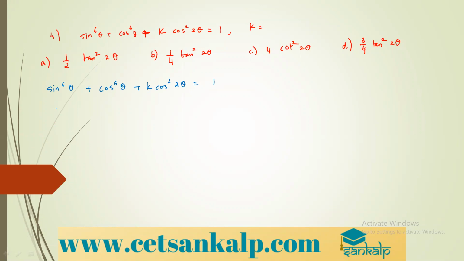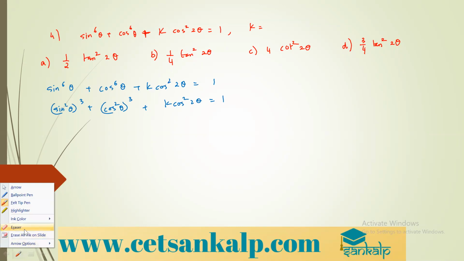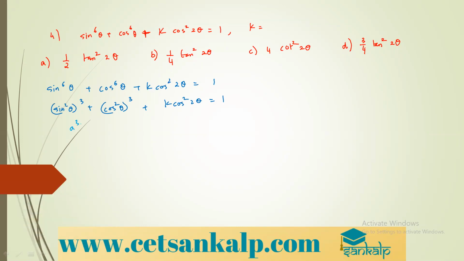Now I will write this as sine square theta whole cube plus cos square theta whole cube plus k cos square 2 theta equal to 1. Now I will use a formula: a cube plus b cube is a plus b into a square minus ab plus b square.